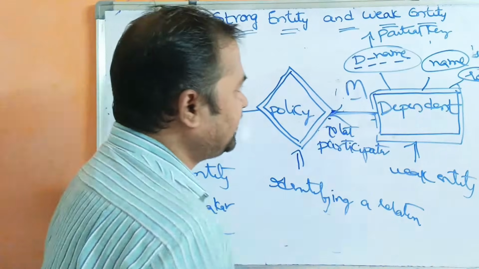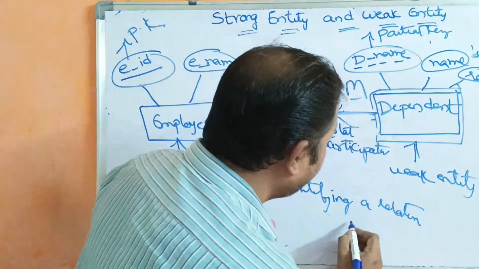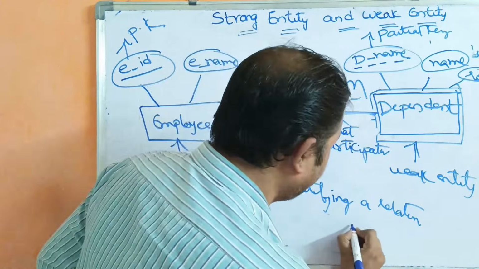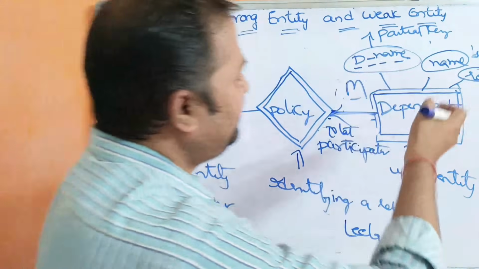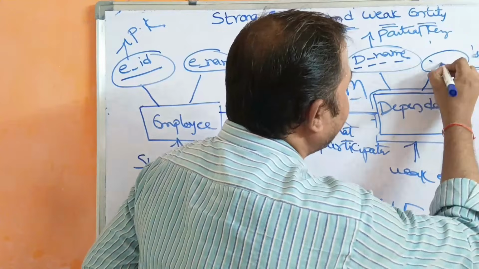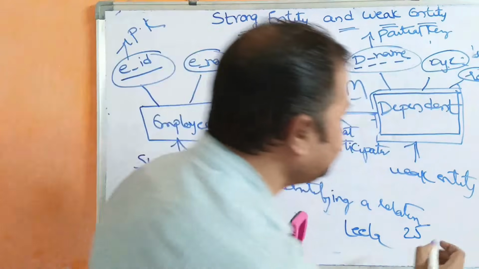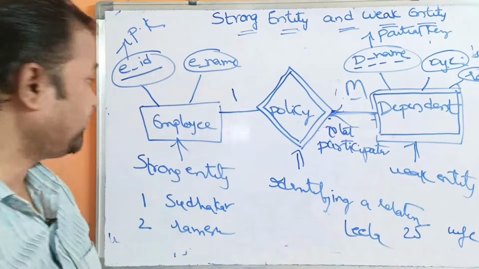First attribute is dependent name. Let the dependent name be Leela. Next, let age be 25. Next, relation is wife.